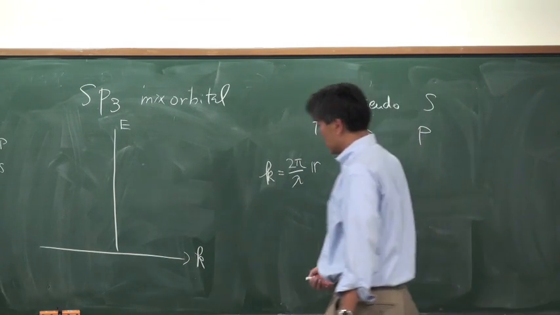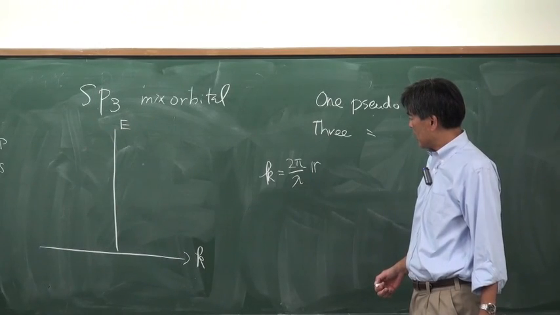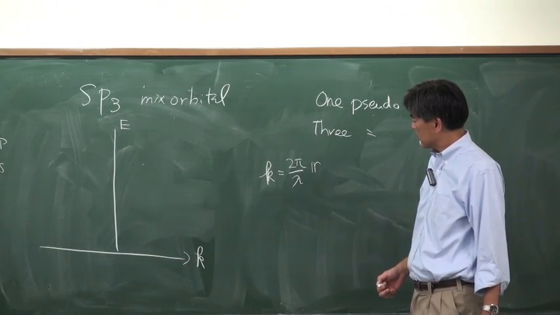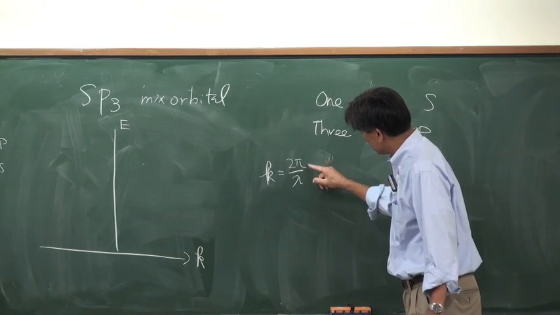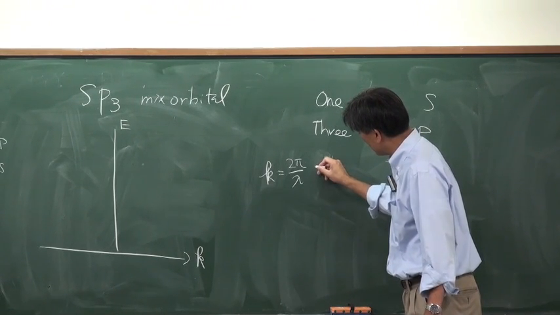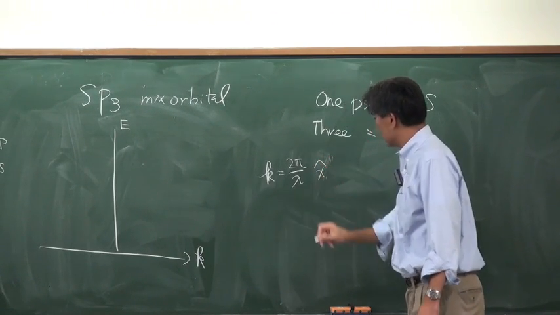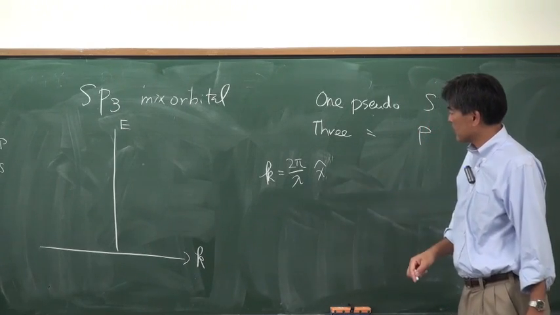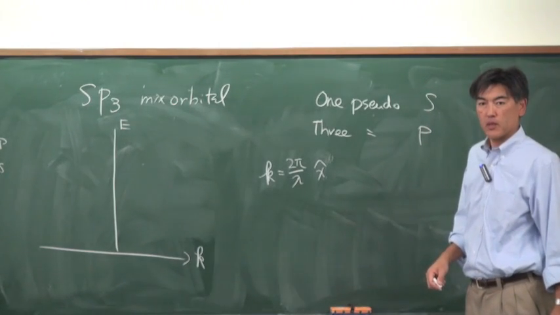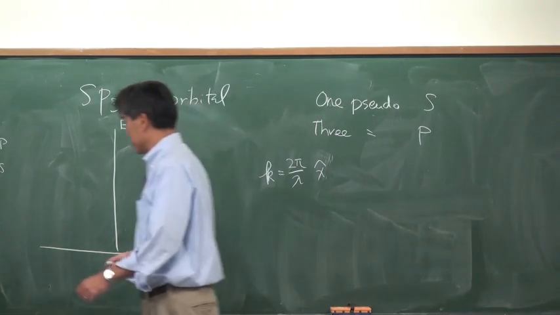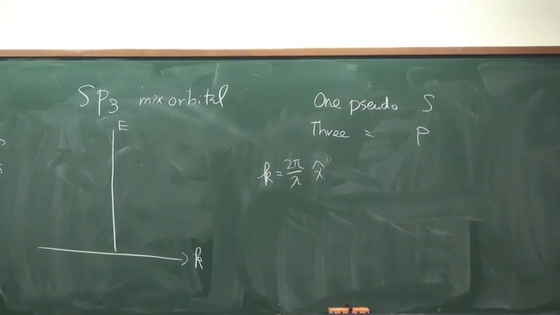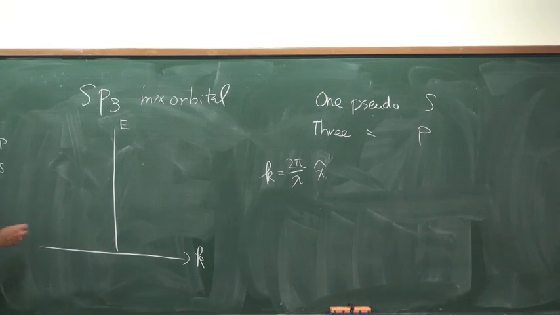Well, I should say actually 2 pi over some length, which has to be multiplied by a unit vector, a vector with unit length, and then the band diagram looks like this.